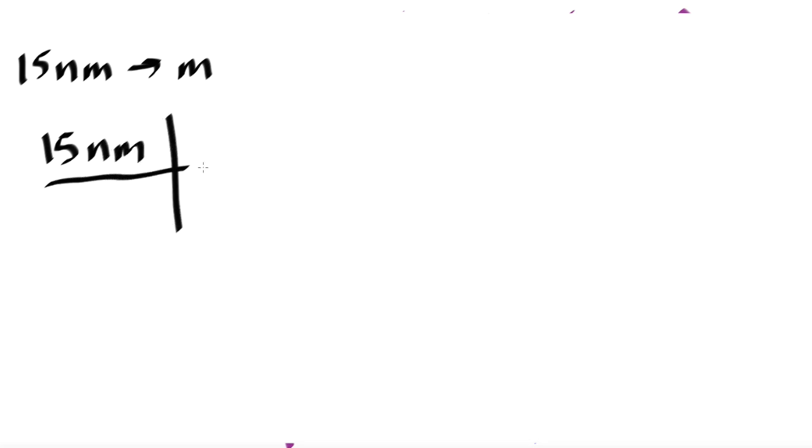The next problem is 15 nanometers to meters. So this one's just a one-step conversion because you're going from nanometers to your base unit. So nanometers on the bottom, meters on the top.